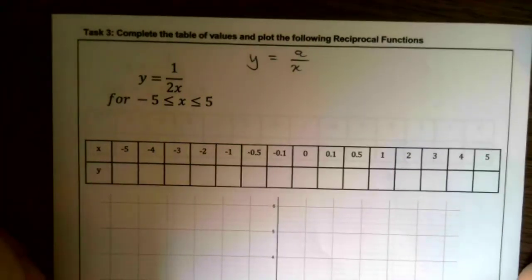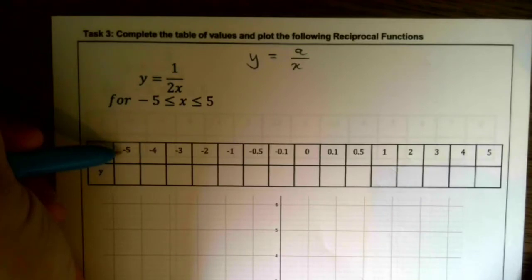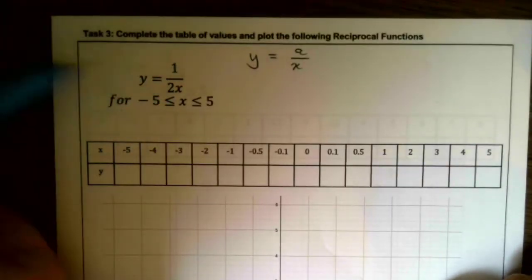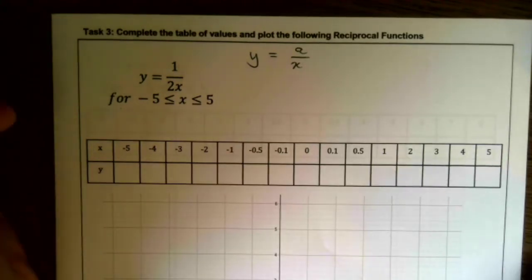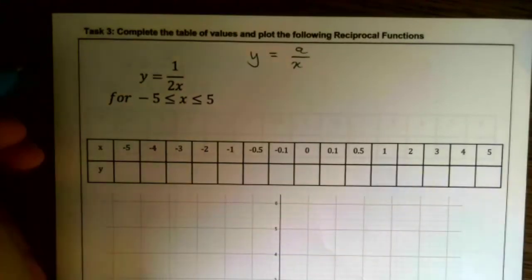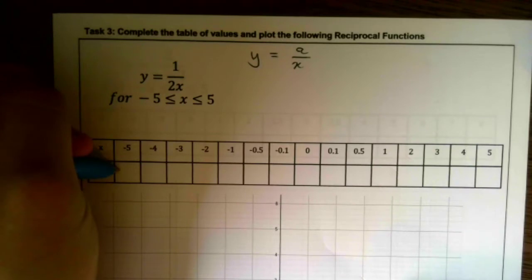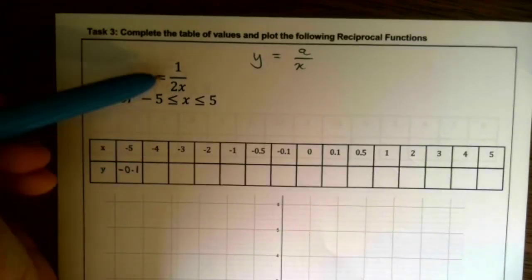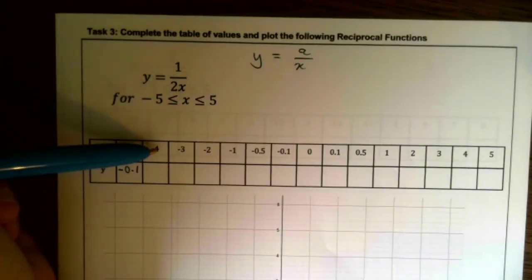Now, when x equals -5, I've got 1 over 2 times -5. So I've got 1 over 10, which is negative as well. So negative 0.1. Now, if you need a calculator for these, you can use one. 1 over 2 times -4.